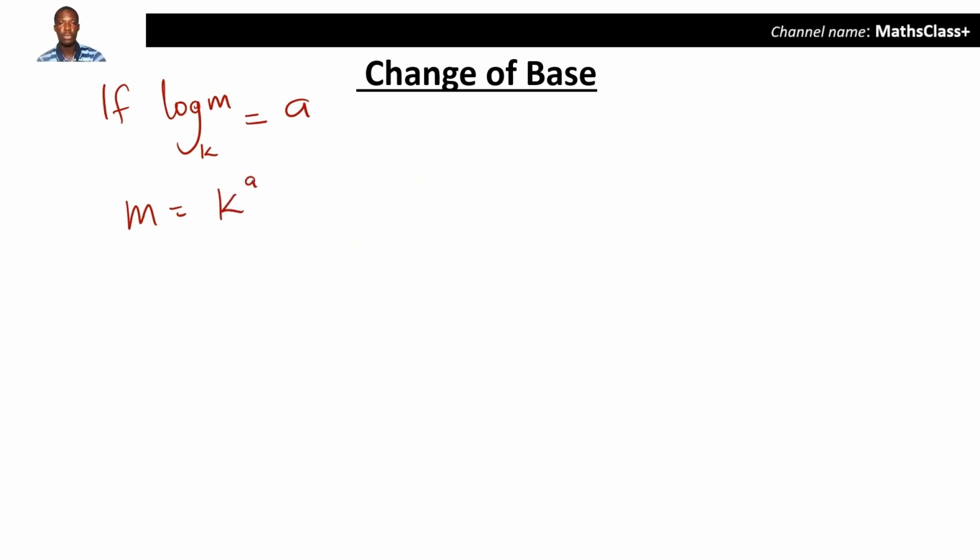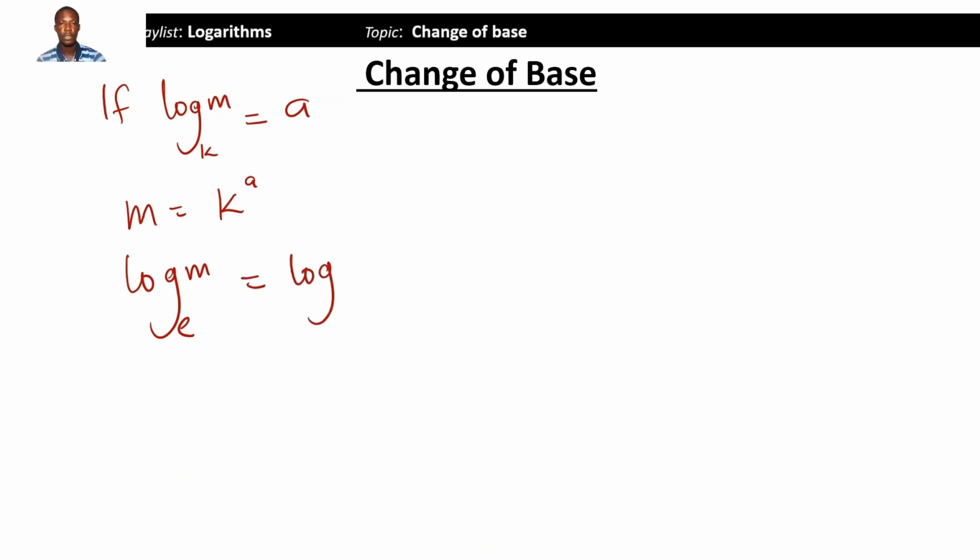Now, I will also want to find the logarithm of both sides. So the base should be the same. So I'll have log m, let's say, to the base e, and that is equal to log to the base e of k to the power a.